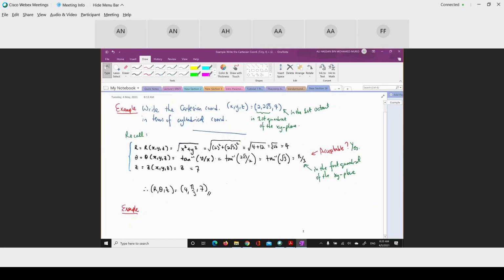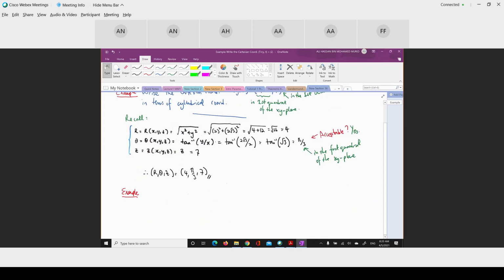Any question? So I can also write this as R, theta, Z also, right?